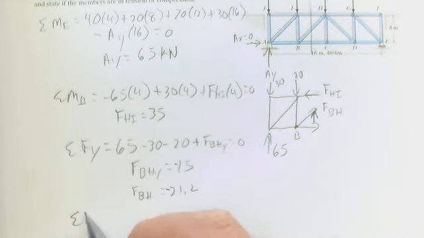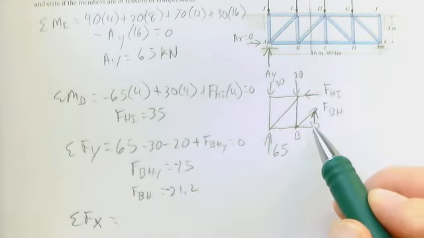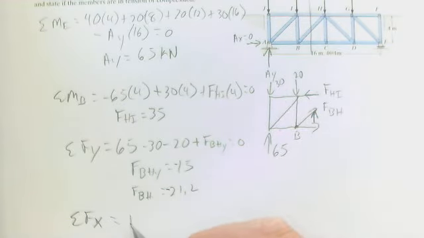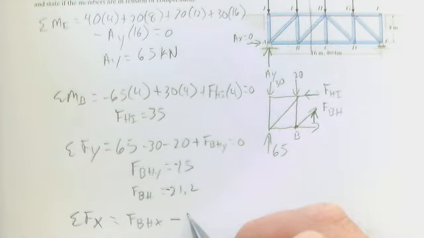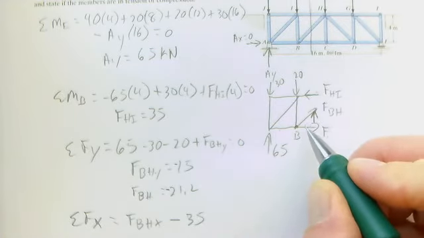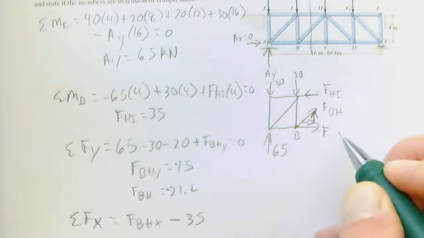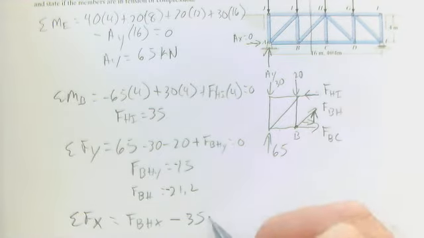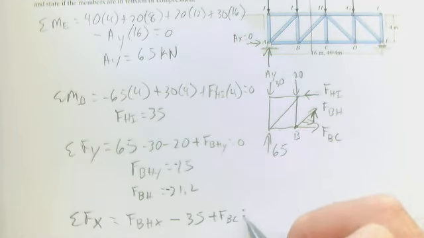Now let's sum the forces in the x direction. In the x direction, none of these have x. The only x we have is FBH in the x direction, and we have minus FHI, which we already said is 35. And we have FBC also, and that equals 0.